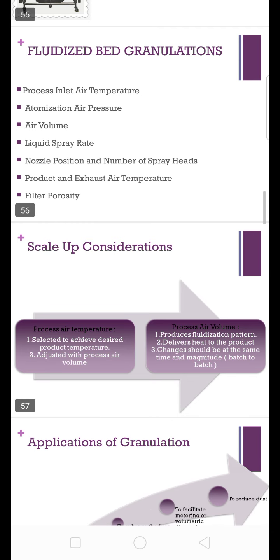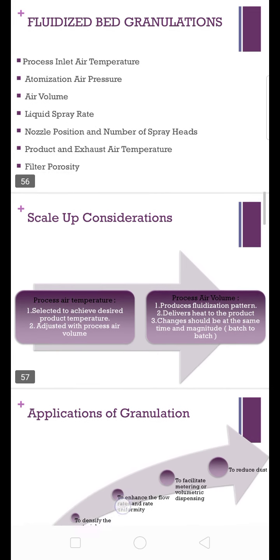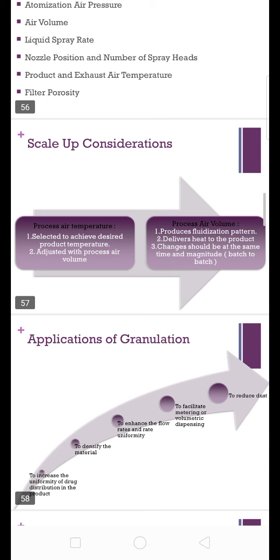Nozzle position and number of spray heads. How many spray heads are there? How many holes are there from which liquid is coming out, right? And product and exhaust air temperature. Filter porosity. Okay, so these are all the key parameters that need to be controlled during scale up.